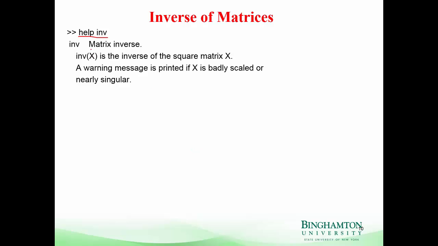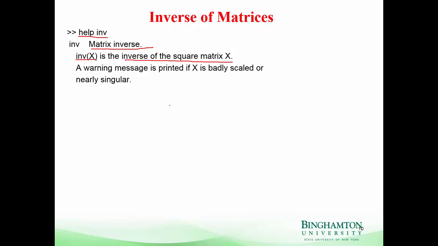It tells us that this is the matrix inverse. It says inv of x is the inverse of the square matrix x, so it tells us that we must put in a square matrix. If you put in something that's not a square matrix, MATLAB will return an error at the command line.